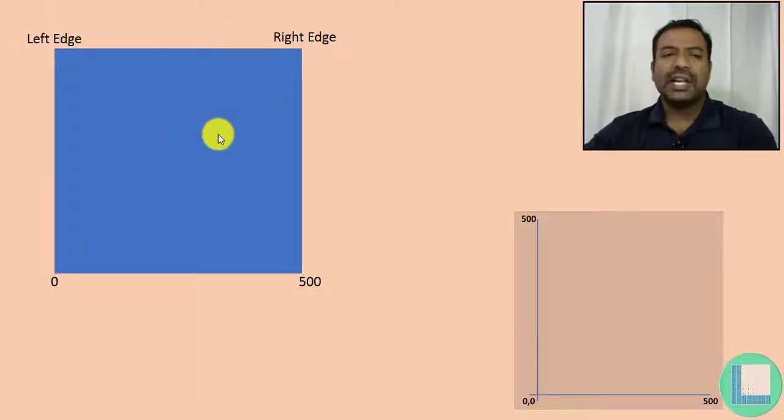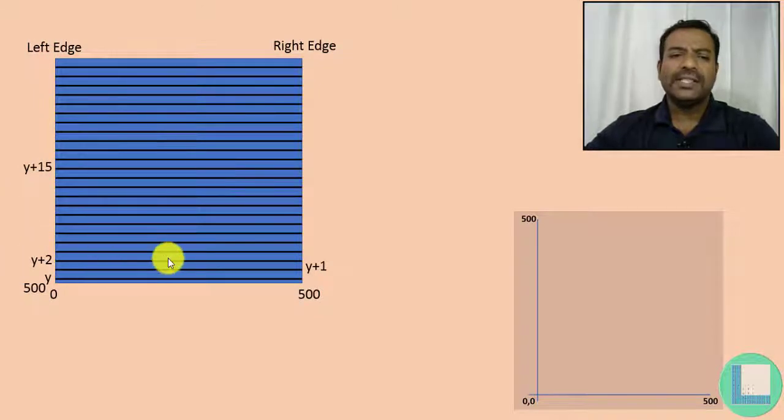So keeping this as a coordinate system, you can see the lines for every y value.